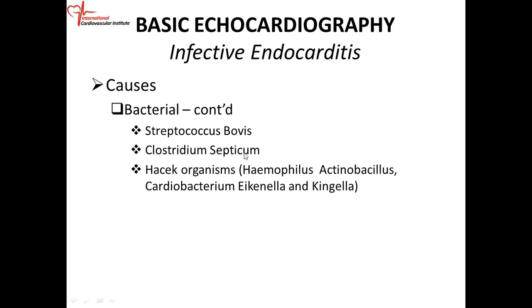Clostridium septicum, and then the HACEK group of organisms. The H is for Haemophilus, A is Actinobacillus, C is Cardiobacterium and Eikenella, and then the K is Kingella. So there's the HACEK group of organisms.